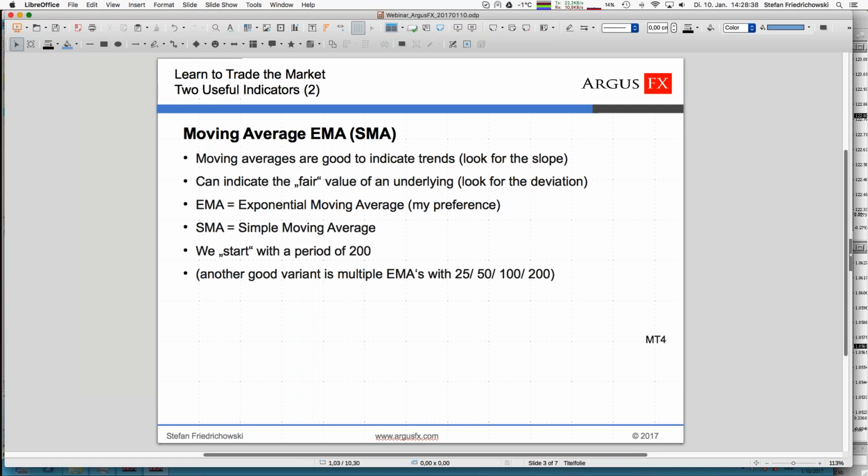So the indicator EMA has a period, as you realized, and the simplest interpretation is how long is the time window for that averaging process? Is it 20 candles? Is it 200 candles? I will start here with an EMA period of 200. So we more or less have the average of the last 200 candles.